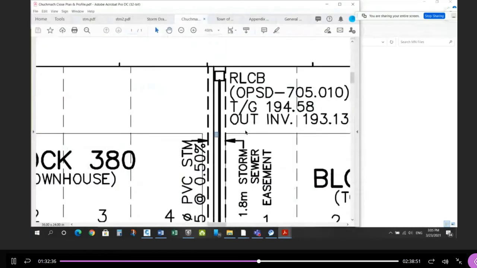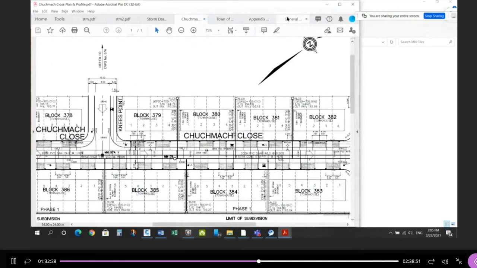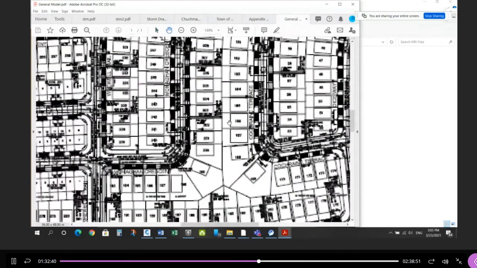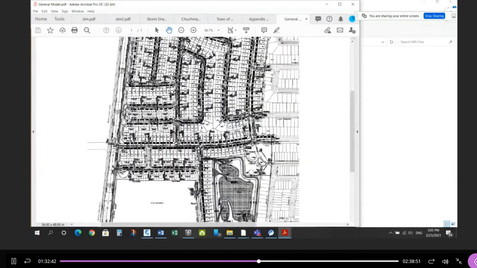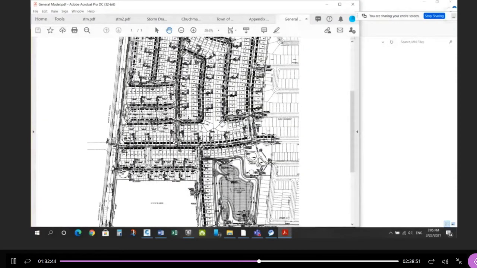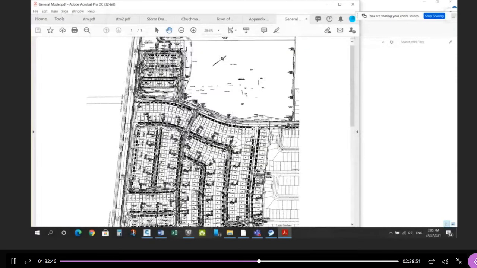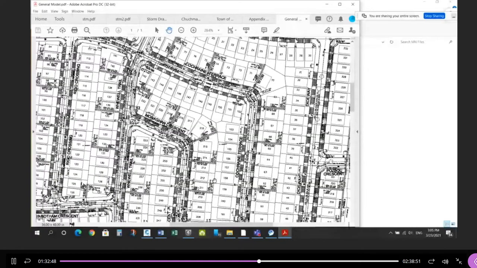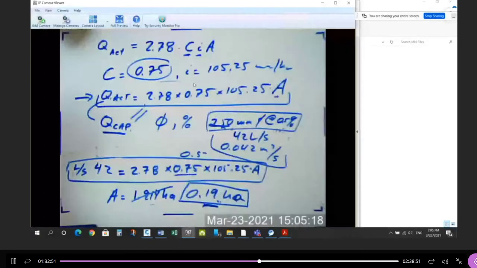If we look at the general plan, most of this is single detached lots. The townhouses are mainly clustered in here. There's a few here, a few up here, but most of it is single detached. So I'm being conservative using this number, 0.75. In reality, it's less, which means this area is actually greater.